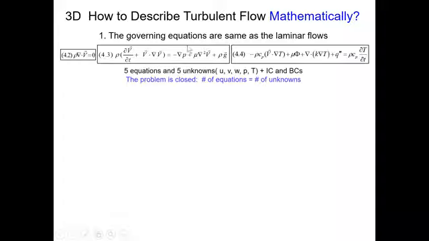The answer is no. Turbulent flow will be described by the same governing equations as laminar flow: the mass conservation, momentum conservation, and energy conservation. We have 5 equations, 5 unknowns. Therefore, the problem is closed, meaning we can get the unique solution with initial condition and boundary conditions.